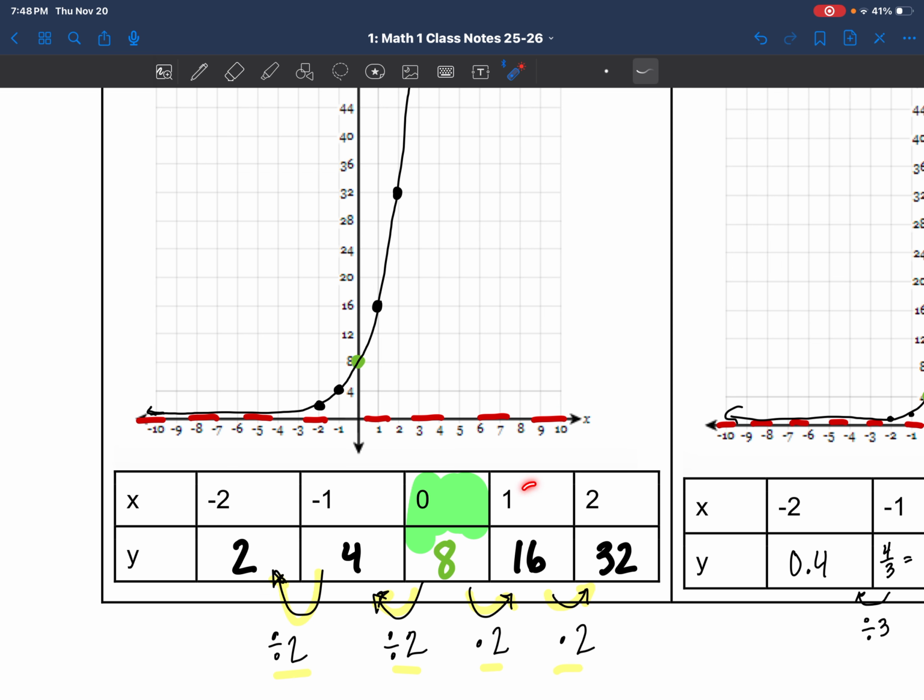Now we're going to go the other way and do the opposite. Since we're going backwards, and we multiplied by 2 going this way, we divide by 2 going that way. Or you can think of it as multiplying by 1/2, because that's the reciprocal of 2 over 1. So we multiply by 1/2 or divide by 2, and we get 2.